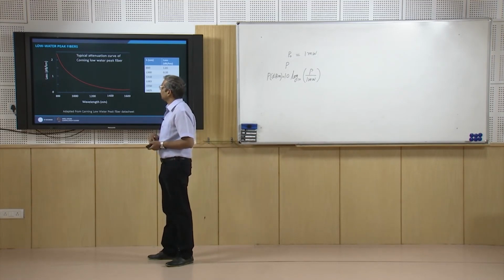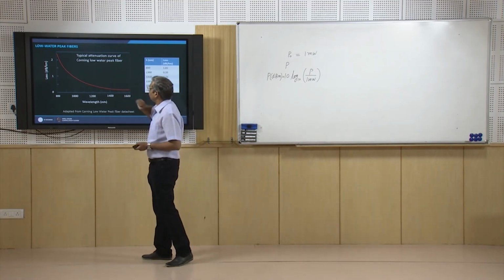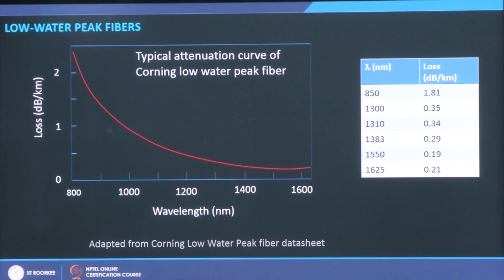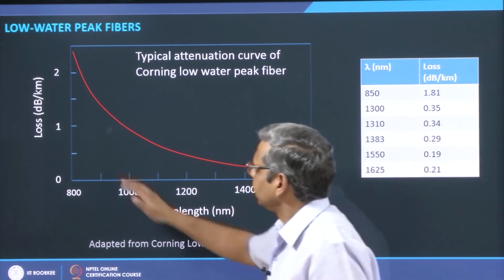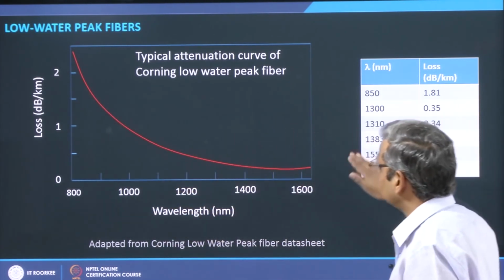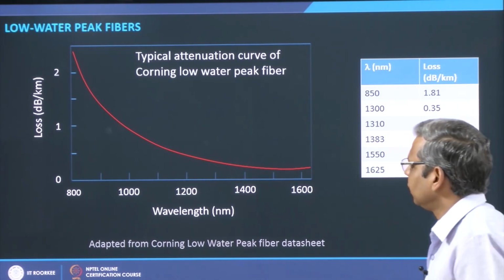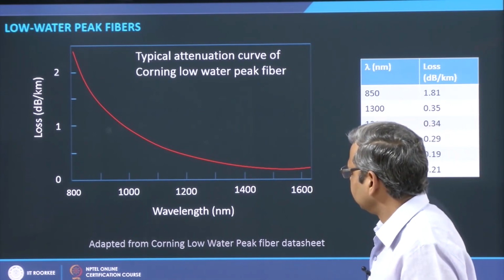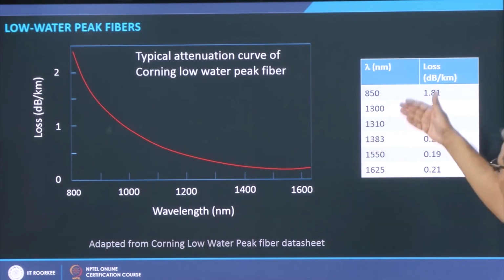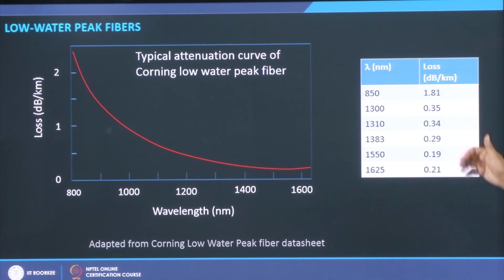Okay. So, this is state of the art fiber from Corning Glass Works, which is low water peak fiber, and I can see here that it is a very smooth attenuation curve and it does not have any peaks. Okay. And if I look at losses at various wavelengths, it is extremely small loss.